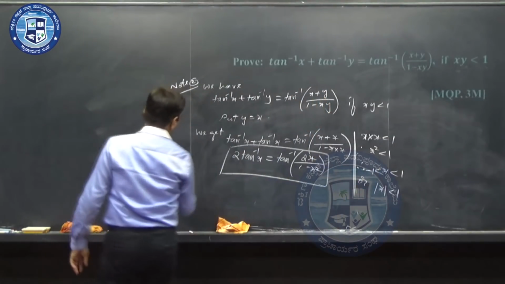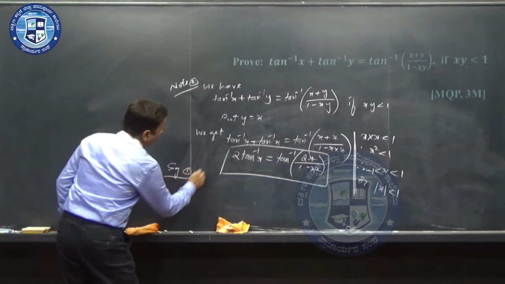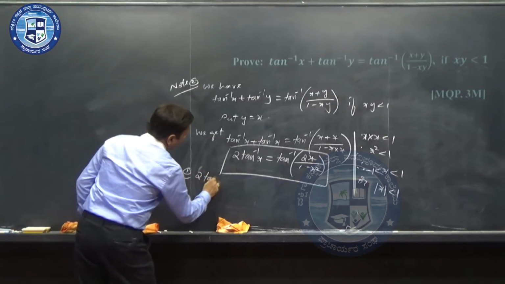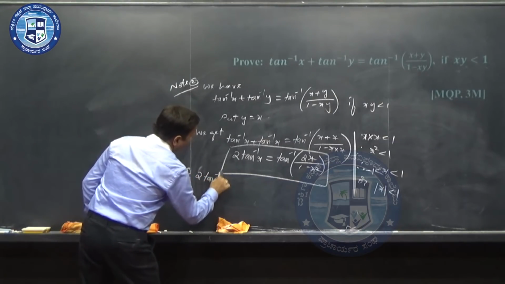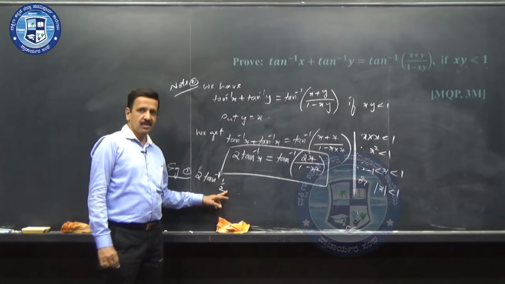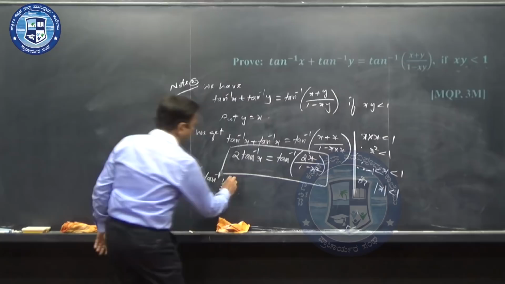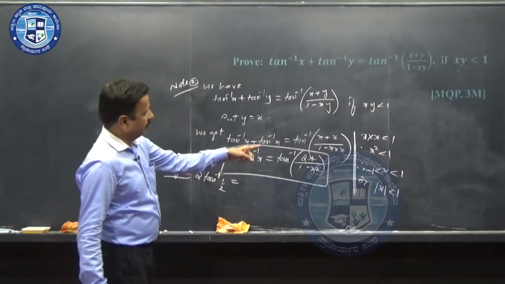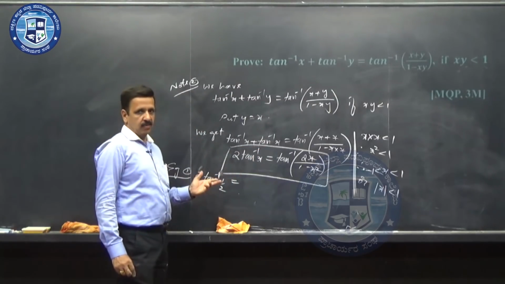Now, let me take an example under this. Example 1, say 2 tan inverse 1 by 2. Don't think that 2 cancels, no. 2 tan inverse 1 by 2, x is between minus 1 and plus 1, half is between minus 1 and plus 1.